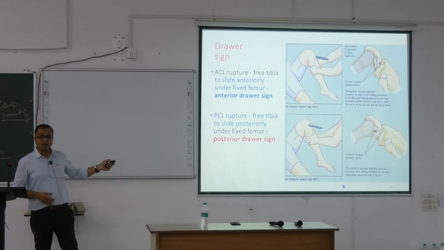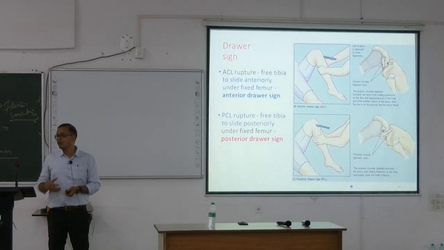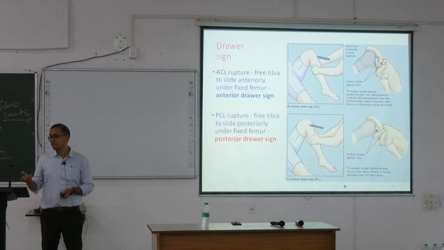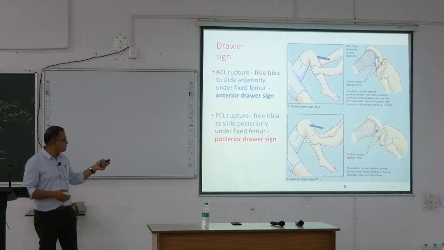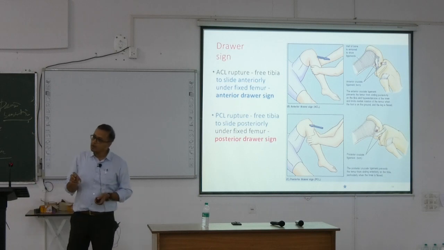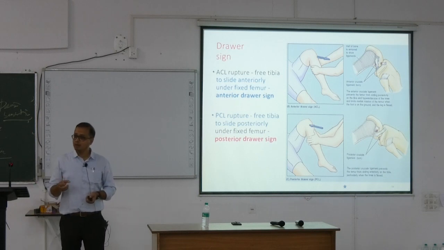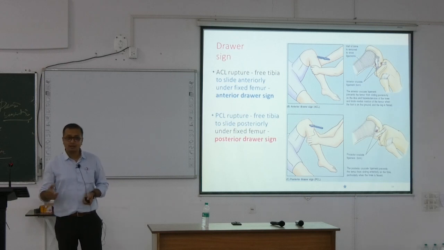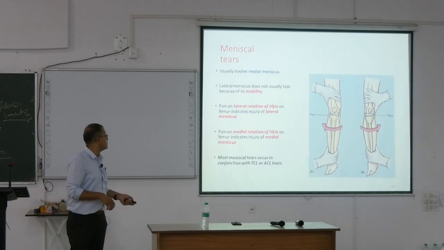Now, the same thing applies if you are judging a meniscus injury. There is a meniscus on the medial side and a meniscus on the lateral side. Again, in the same position of the knee joint, you rotate it. Medially rotate the knee joint; if it feels painful or too easy or troublesome, we have a medial meniscus injury. If you twist it to the lateral side and the knee pains on the lateral side, the lateral meniscus has an injury or tear.